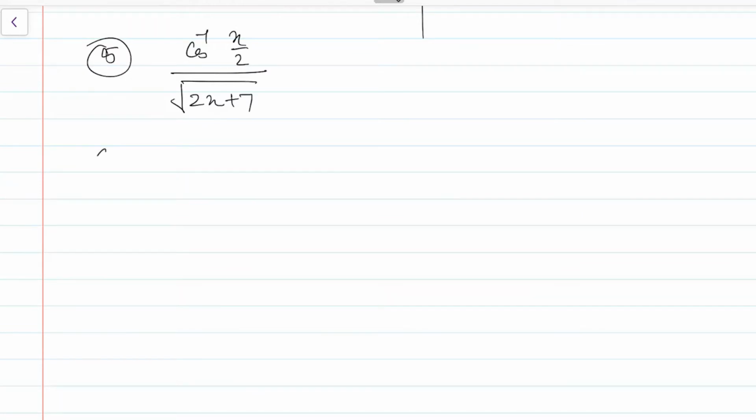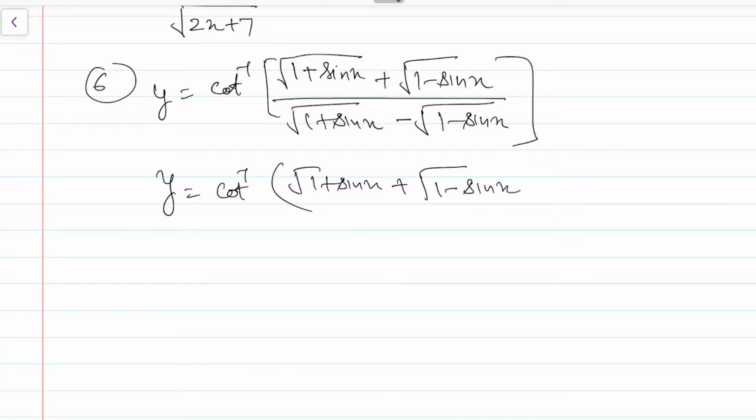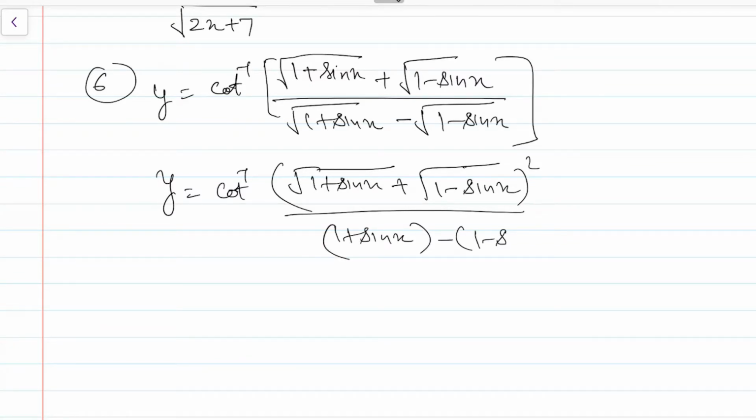Now question number 6. Inside the bracket, we'll multiply both numerator and denominator by the conjugate of the denominator. So we'll get y equal to cot inverse of under the root 1 plus sin x plus under the root 1 minus sin x, whole squared, divided by 1 plus sin x minus 1 minus sin x.